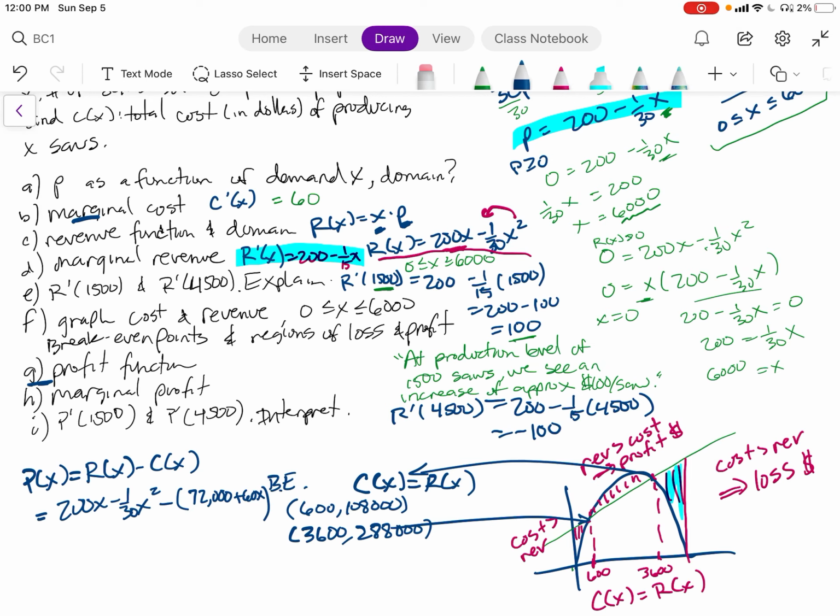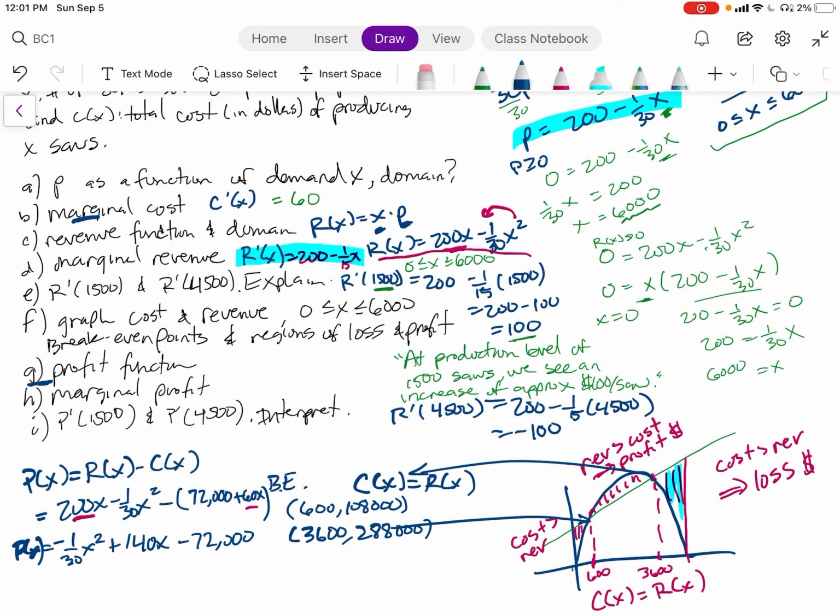So therefore we get, let's go in descending order, negative 1/30x squared, 200x minus 60x is 140x, and then subtract 72,000. Okay, that's our profit function.